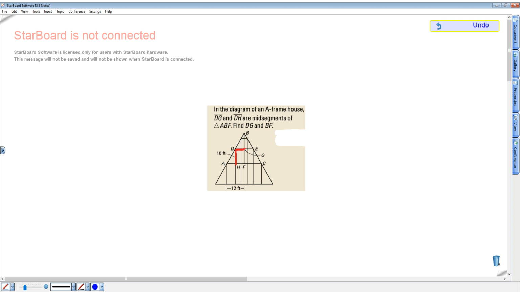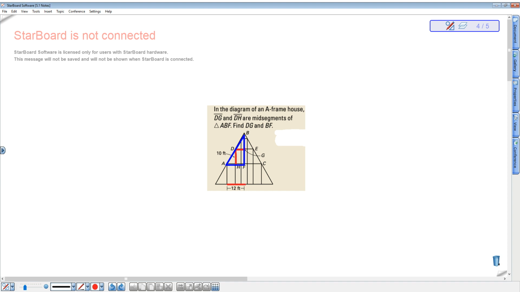Let me try that one more time, see if we can get this corrected. ABF. That's better. So the information they're going to ask us is to find line DG. So we're going to find out what this mid-segment length is. When we're working with a mid-segment, they're probably going to give us this length right here. And they did actually. Right down here, they gave it to us.